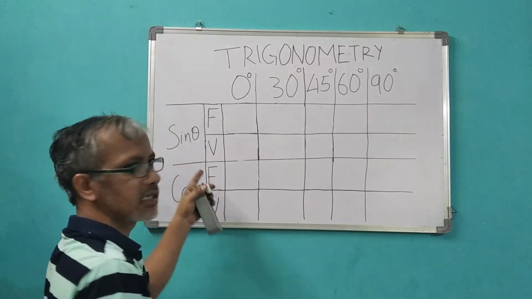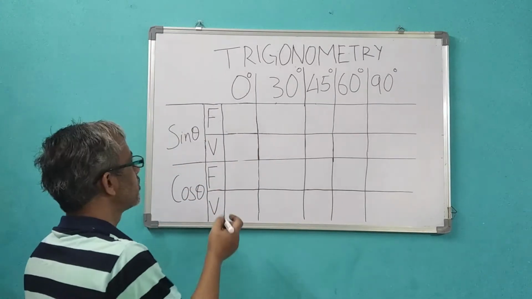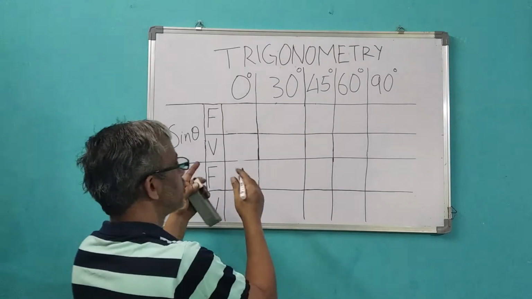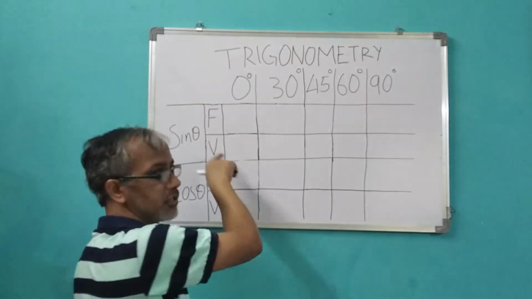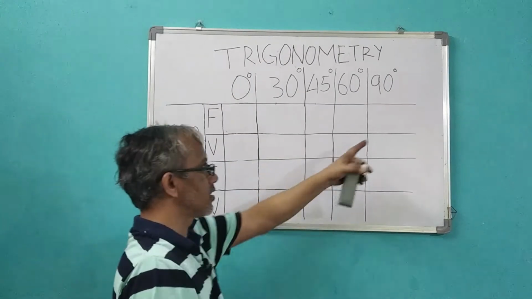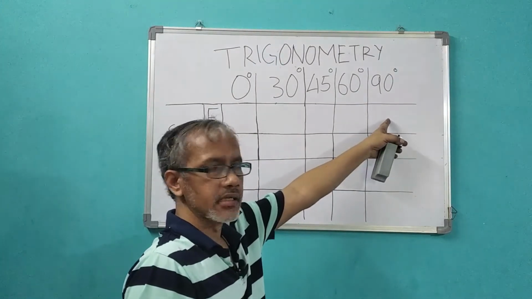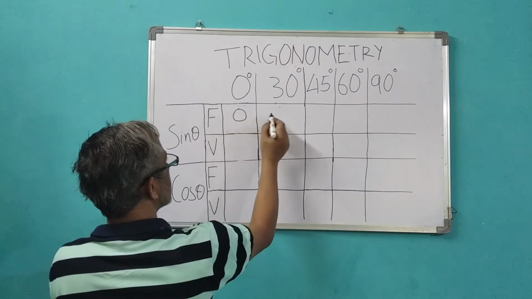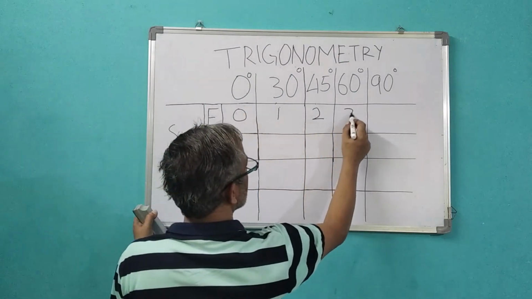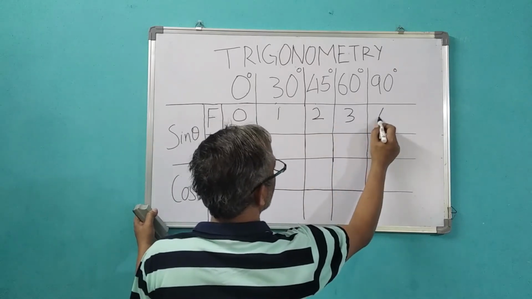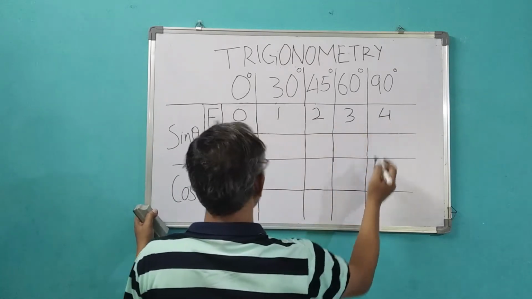For the sine theta function, we have to start writing 0 to number 4, starting from the 0 degrees and ending with number 4 at the 90 degrees. 0 here, 1, 2, 3 and 4.